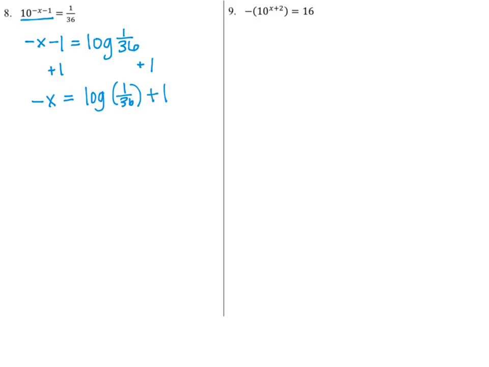I'm going to go ahead right now and plug the right half of this equation into my calculator. I have negative x is equal to 0.556. And then I'm going to divide both sides by a negative 1 to isolate the x. So x is equal to 0.556.